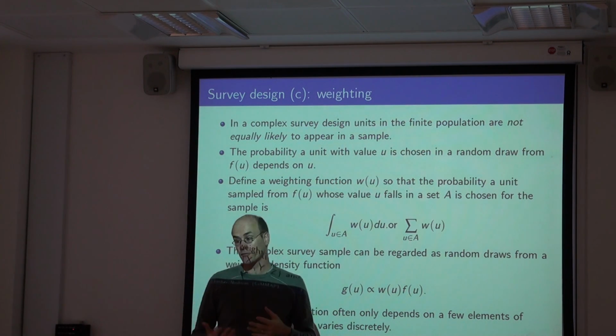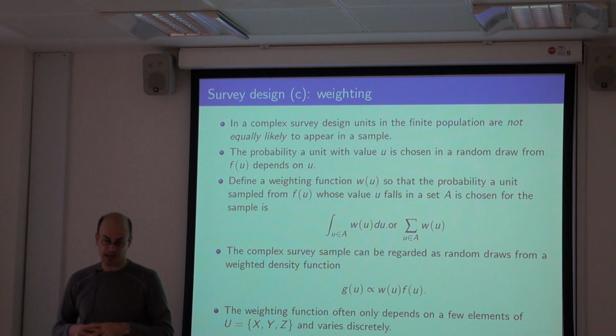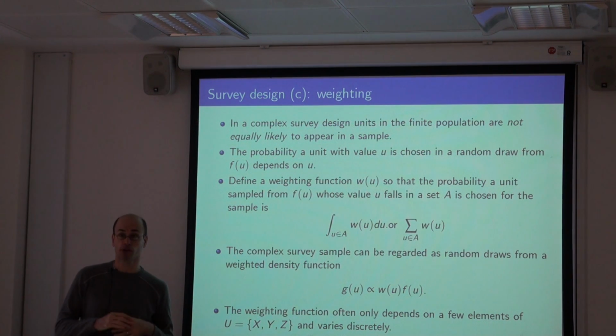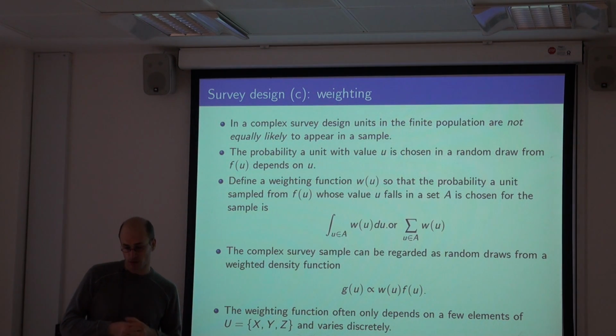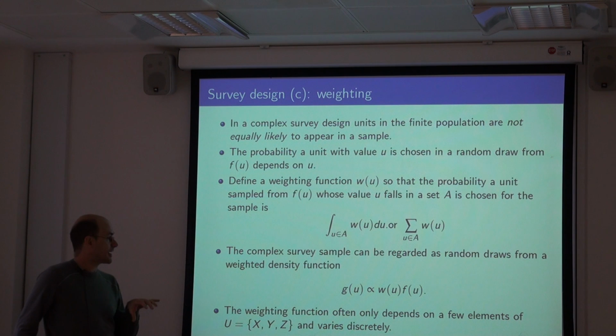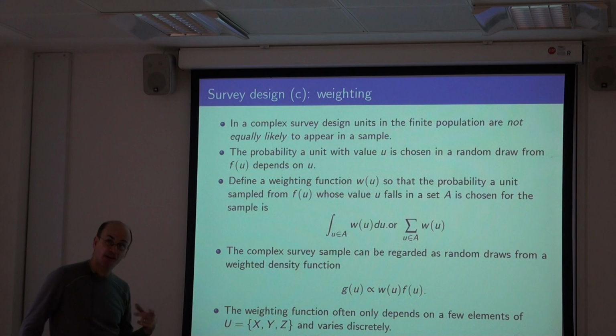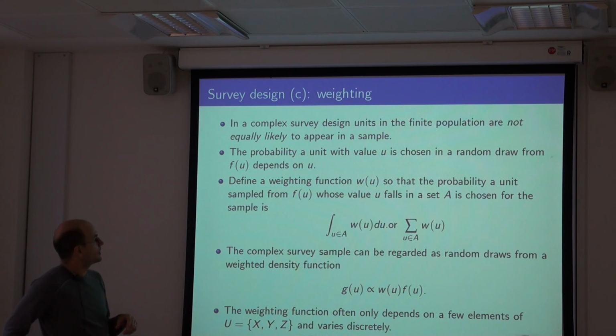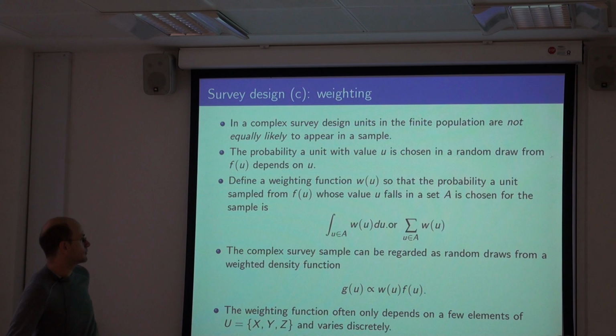If you had a random sample from the population, you could just take that random sample and compute the mean or the variance or whatever other moment. You could non-parametrically estimate the density. But if you have a complex survey design, if you want to estimate the density or some other nonlinear features of the distribution, then you need to use weights. So here's the idea. For those of you who've seen it, this is straightforward stratified random sampling.